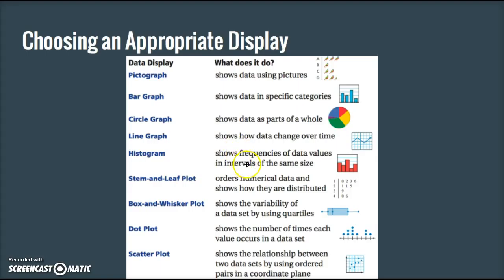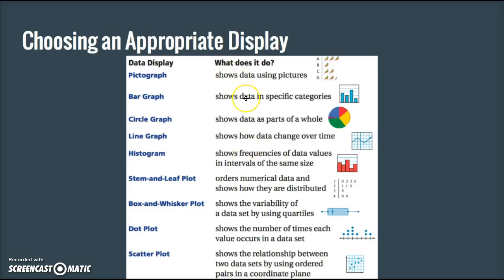A histogram shows frequencies of data values in intervals of the same size. So it's a lot like a bar graph, but you're looking at intervals instead of one specific thing. So like if we're talking about age groups, okay, a histogram, one bar would be for ages 20 to 29 and another bar for age 30 to 39.